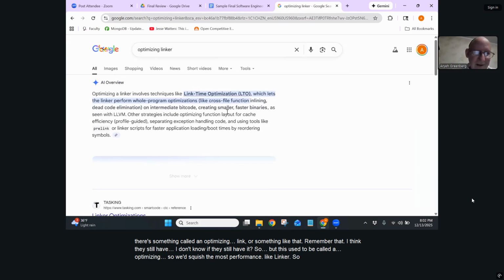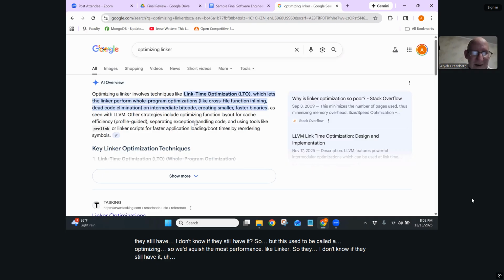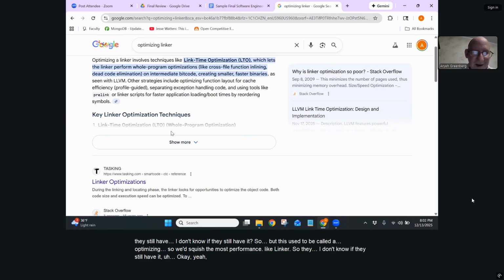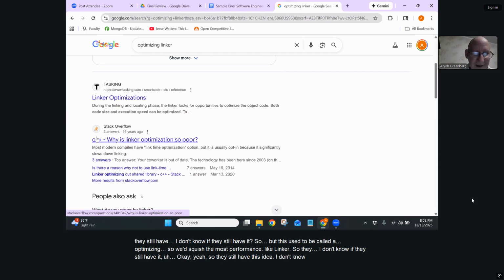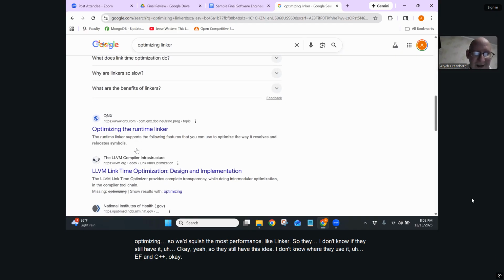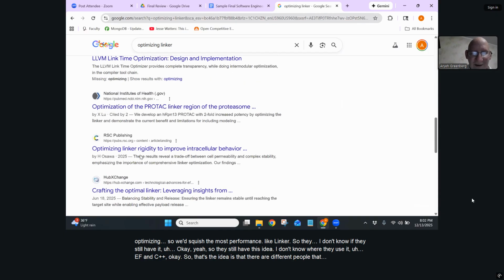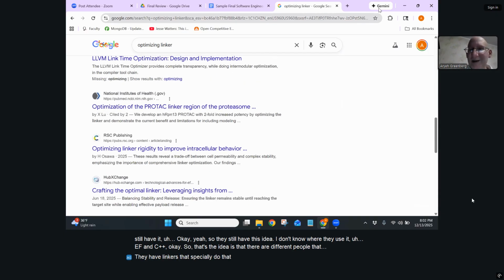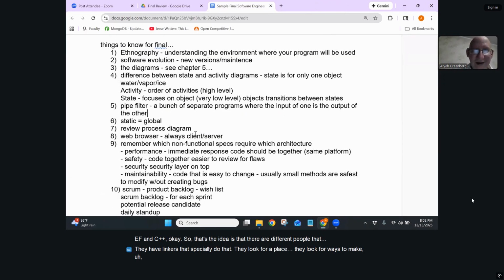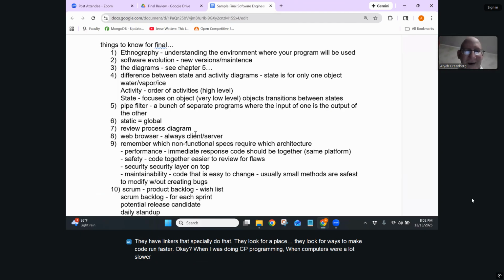I don't know if they still have it. Okay, yes, they still have this idea in C++. The idea is that there are different people that make linkers that specifically look for ways to make code run faster. When I was doing C programming and computers were a lot slower, that was a big thing.